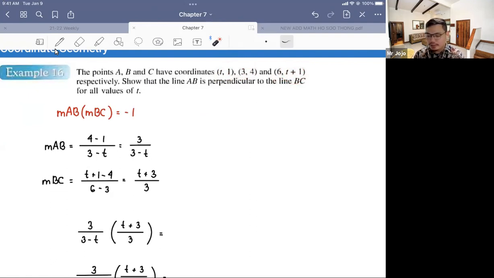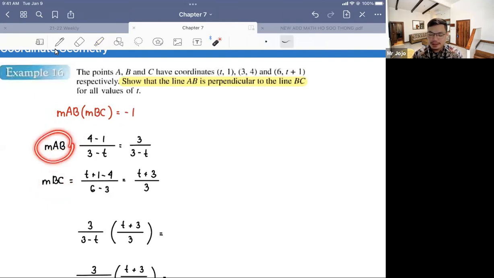So what we're trying to answer here is only this: we just need to prove that line AB is perpendicular to line BC. How? Same as before. We just need to multiply their gradients and make sure that our answer is -1. Again, if not -1, it's not perpendicular. So first, you take the gradient of both lines, AB and BC.